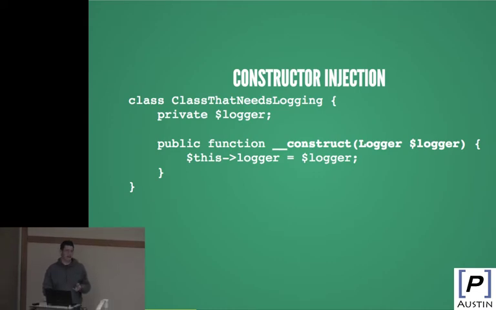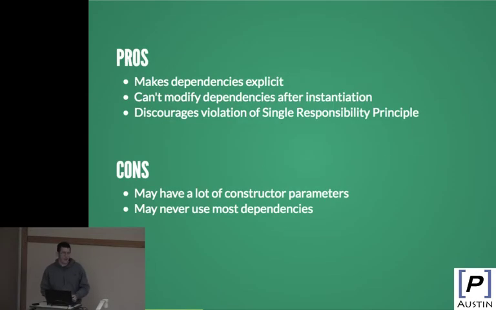So you're not passing in, say, a Redis class when what you're actually looking for is the PDO. So that's one thing. On the one hand, it's relatively simple. It means that your class has everything it needs as soon as it is a valid object.